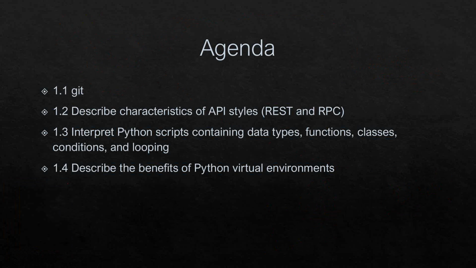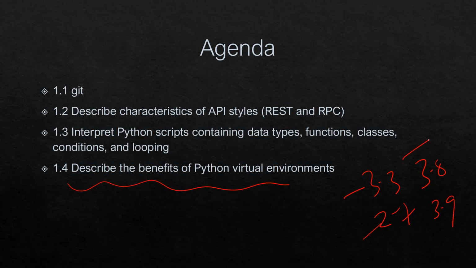Now, in some environments we may have Python 3.3, Python 2.7, Python 3.8, Python 3.9, different instances, because 2 is different from 3, etc. You have one machine, one operating system, but for certain code you want to use 2.7, for certain code you want to use 3.8.